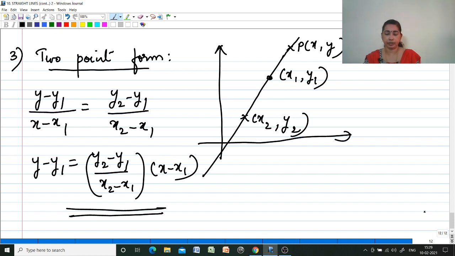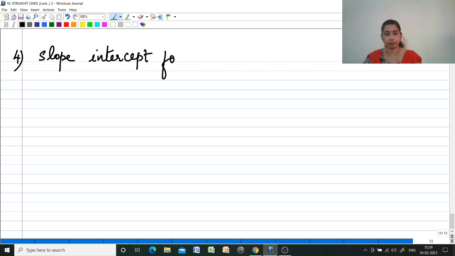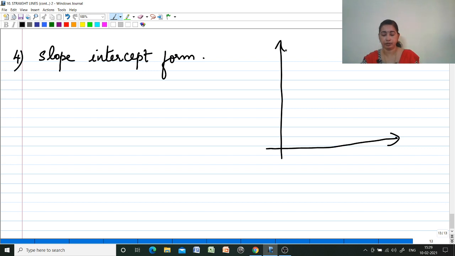Then the next one, the fourth equation, is the slope intercept form. In the case of slope intercept form, what all will be given? First you should know what you mean by intercept.